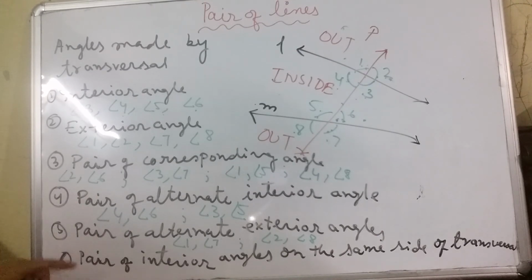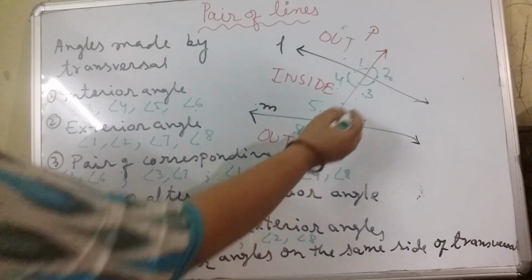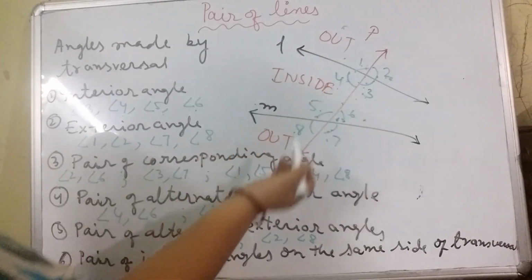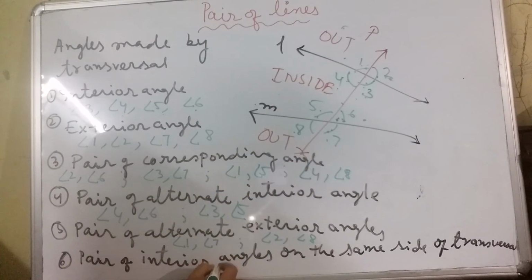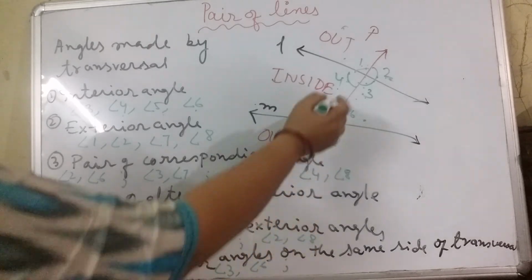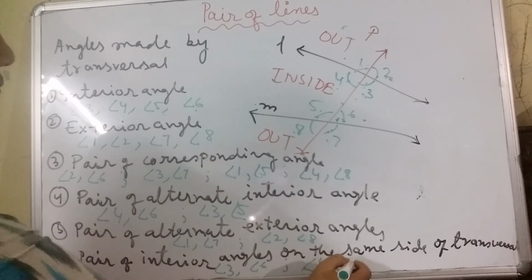Next is pair of interior angles on the same side of the transversal. That was alternate side. Now it is the same side. So this 3 and 6 both lie on the right hand side of this transversal. So angle 3 and angle 6. Another pair is there, that is angle 4 and angle 5.